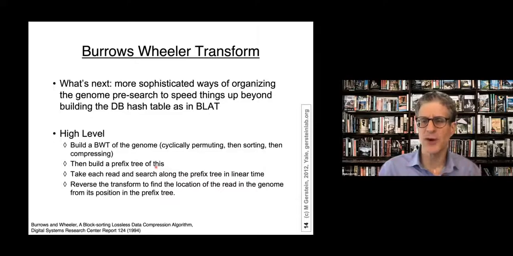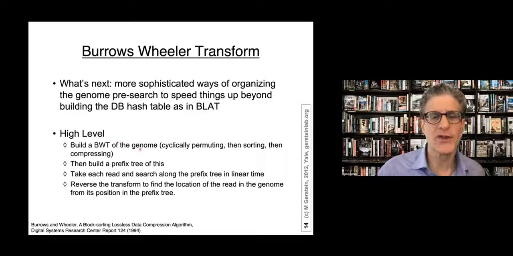And so most of the programs that you would use now would tend to actually use these approaches, though, like I said, it's a little convoluted what they're doing. So what they're doing is, for instance, if you're matching the genome or the database, they're not going to do a hash table like BLAT did. They're going to do this Burrows-Wheeler transform.